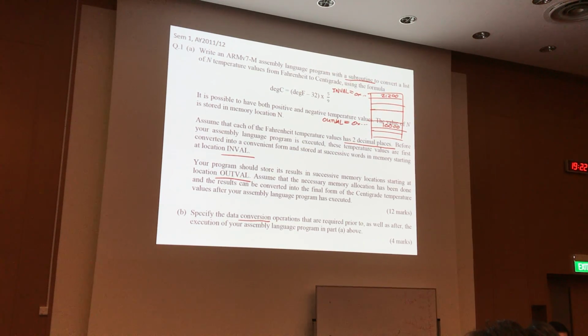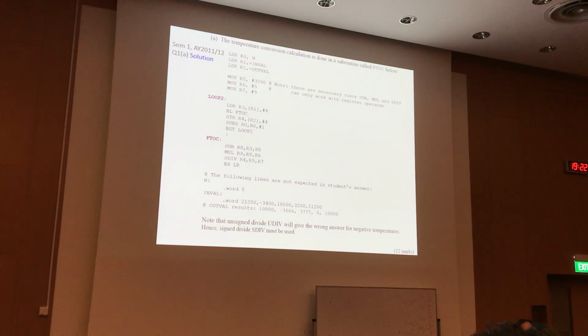So if you understand the question and you know what's supposed to happen in memory, then you can work on it. And now I think you get the hang of it, you should be able to do this very fast. But the twist here is that I have a subroutine. And my subroutine has a name. At the end of it, you also should know the standard format for subroutine. At the end has BX LR, right?